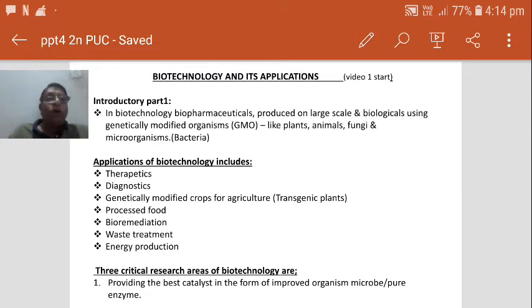These are called actually transgenic plants, transgenic animals, genetically modified plants, genetically modified animals. Now we shall see the applications of biotechnology.